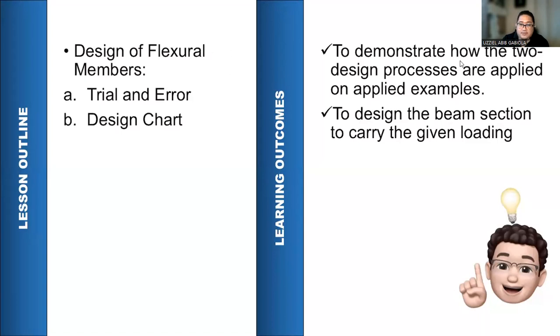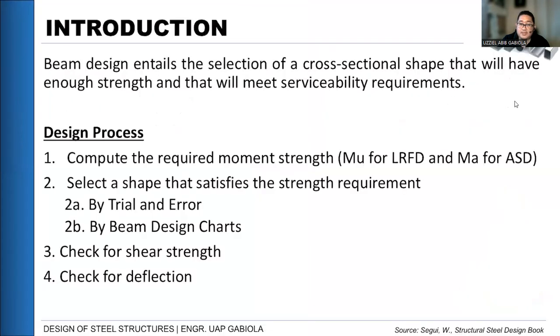Okay? So, outcome natin for today is to demonstrate how the two design processes or approaches are applied on examples, and design the beam section to carry yung given loading natin. Okay? So, beam design entails the selection of a cross-sectional section that will have enough strength and that will meet serviceability requirement.